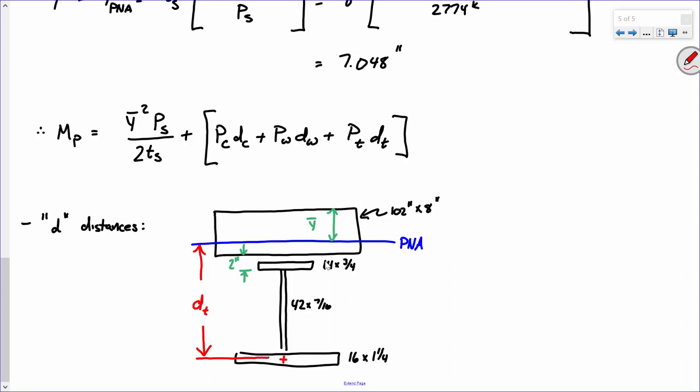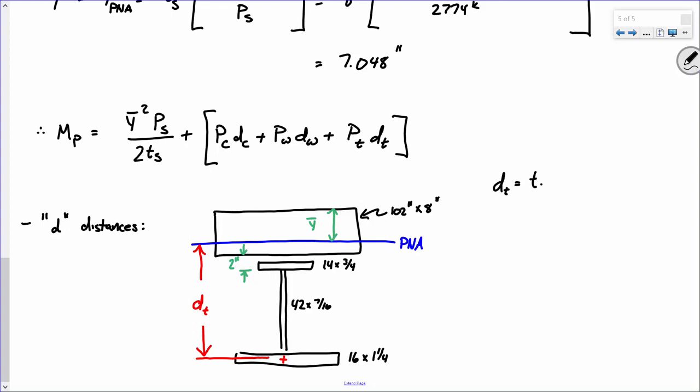Now, here's how I'm going to compute that. Watch this. I'm going to go from the top all the way down to here, and then I'm going to subtract Y bar. Does that make sense? So, what would the formula look like? Let's write that out. dt. I'm actually going to do the formula.